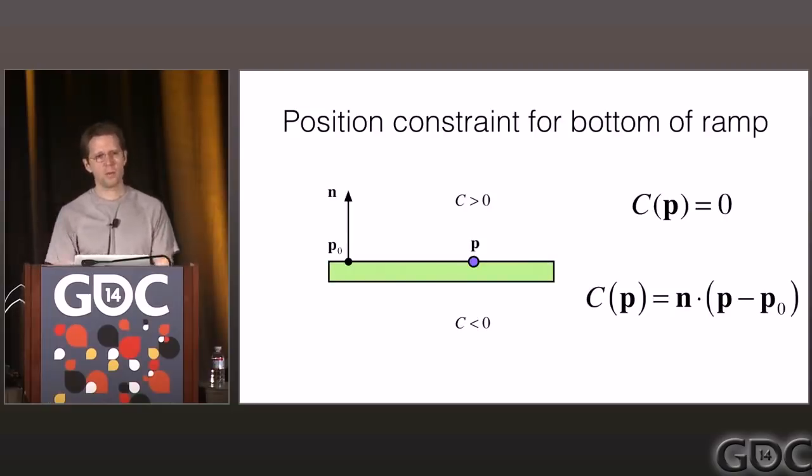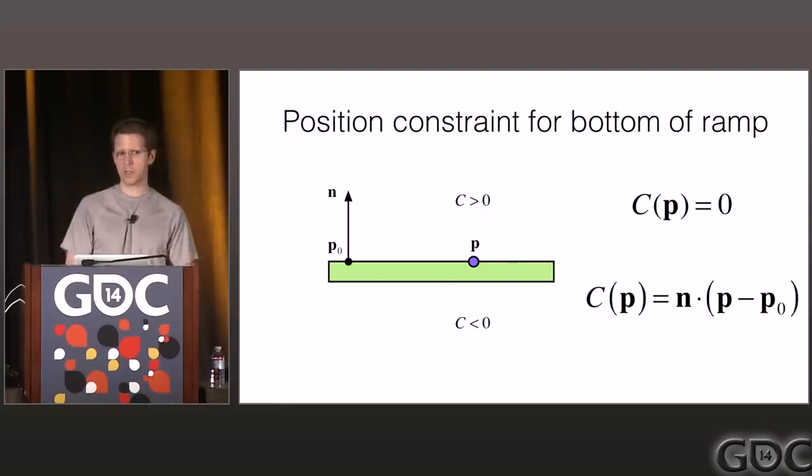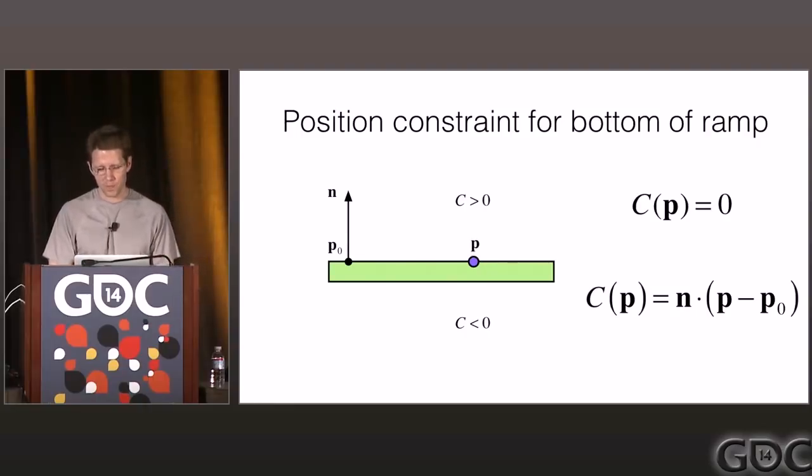Let's look at how we would actually express the position constraint for that ramp. For simplicity, we're just going to treat the skateboard as a particle. The position constraint that we need to develop is a scalar function of the position of that particle, p.